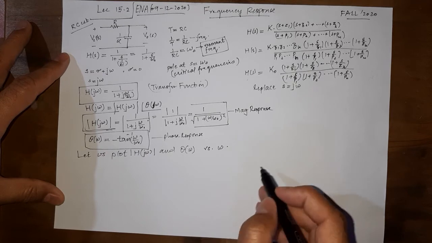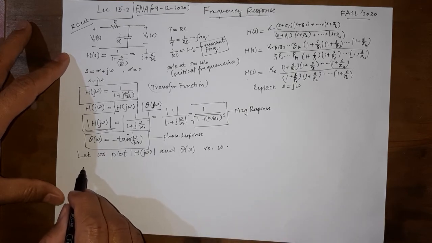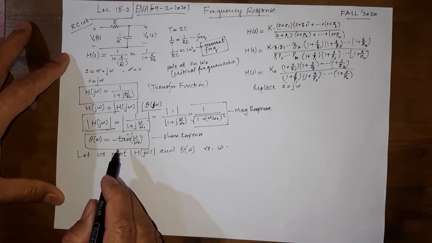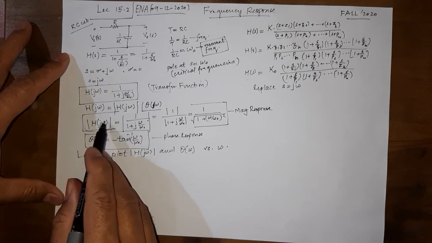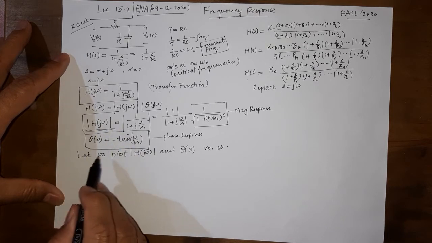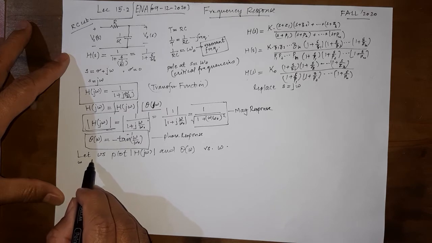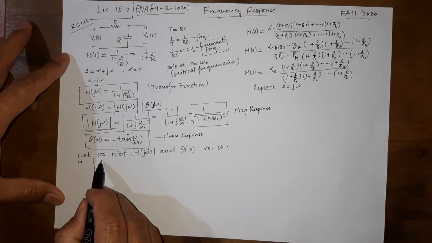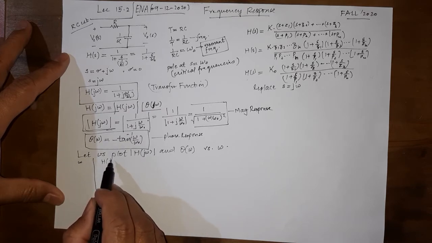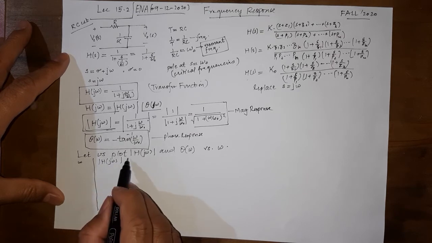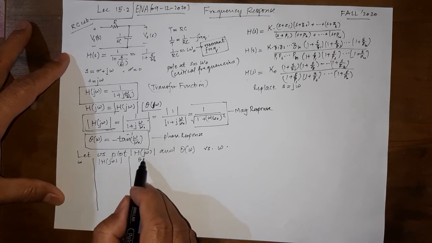In order to do the plotting, we obviously need a lot of values of |H(jω)| and θ(ω) for various values of ω. So let me make a table for that. We have ω here, and let us say this is |H(jω)|, and this is θ(ω).